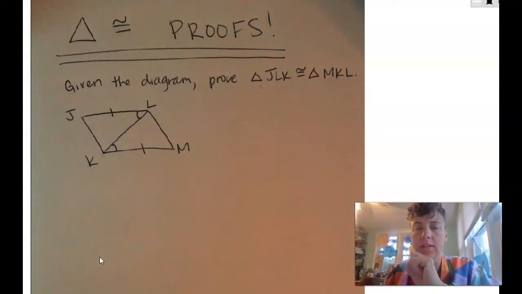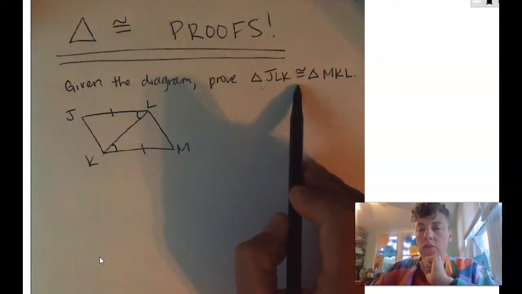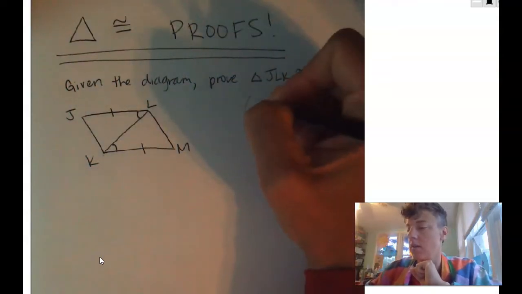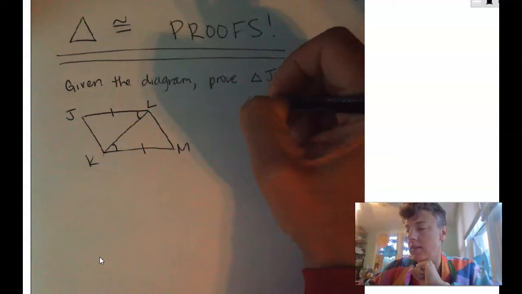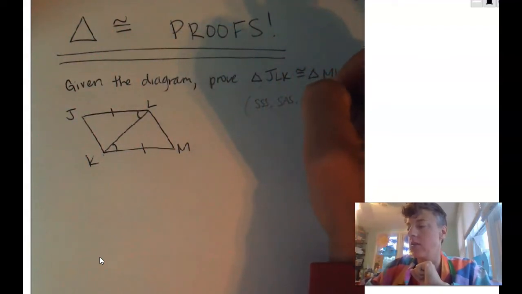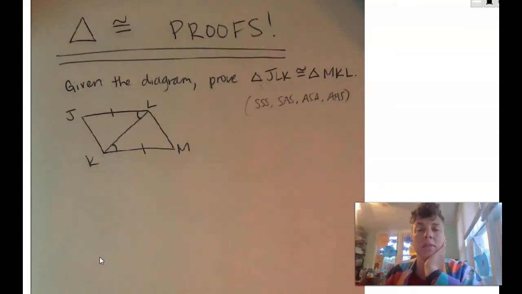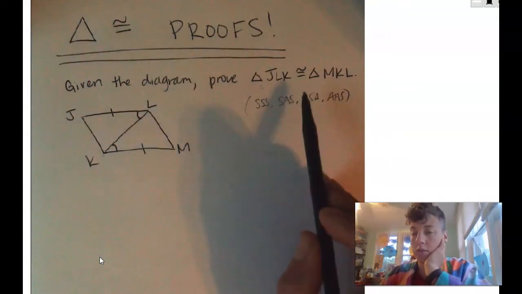I'm not writing anything down. There are 4 different ways to prove triangles are congruent, right? That we've talked about. It could be side, side, side, side, angle, side, angle, side, angle, or angle, angle, side. Those are the 4 ways we've discussed about how to prove that triangles are congruent.